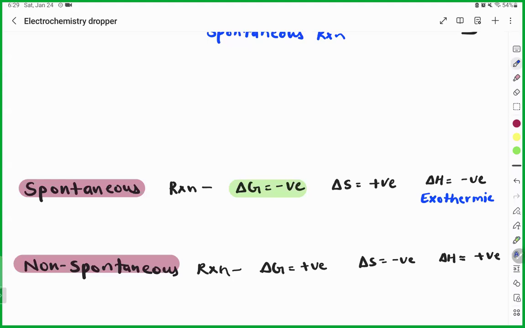You need to invest a lot of energy and net you don't get energy. Understood? Anybody have doubt?